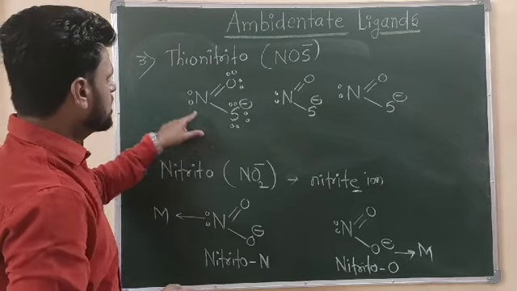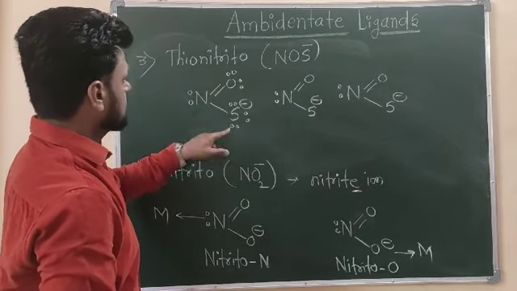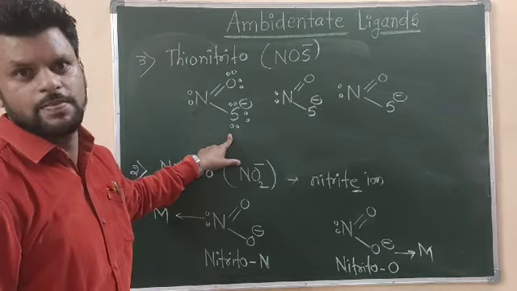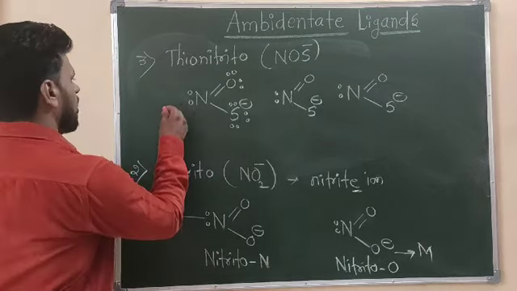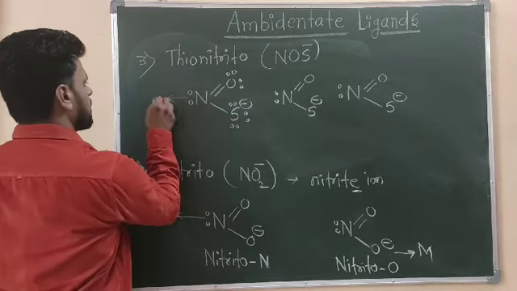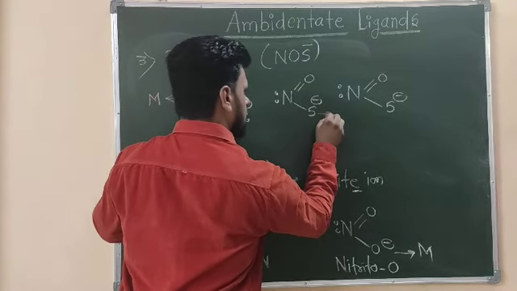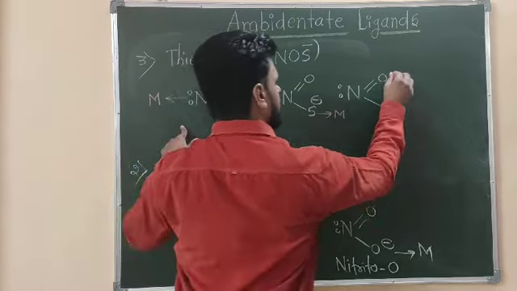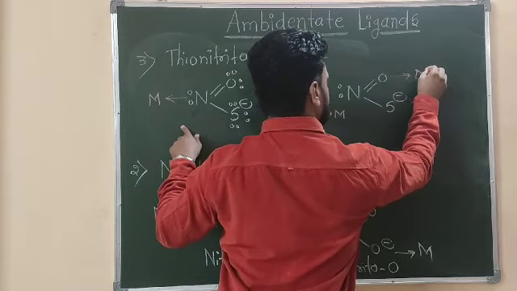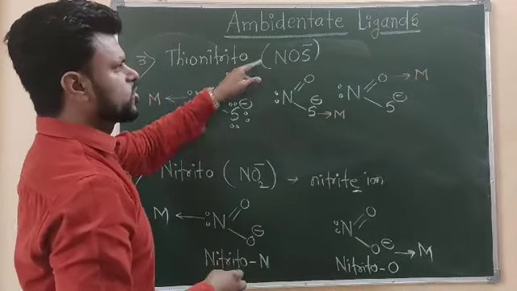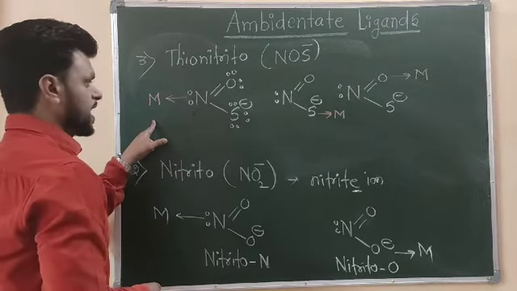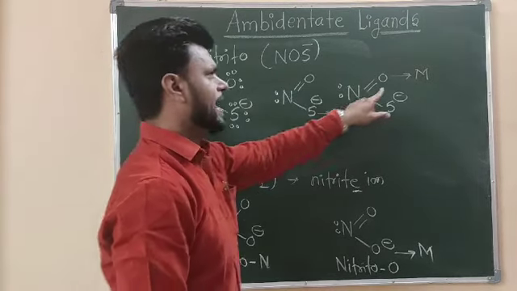That means that all the atoms, nitrogen, oxygen and sulfur, can act as a potential donor. So if I form the linkage from nitrogen here, I can form via sulfur also and via oxygen. That means a thionitrito ligand has three sites: nitrogen, sulfur and oxygen.